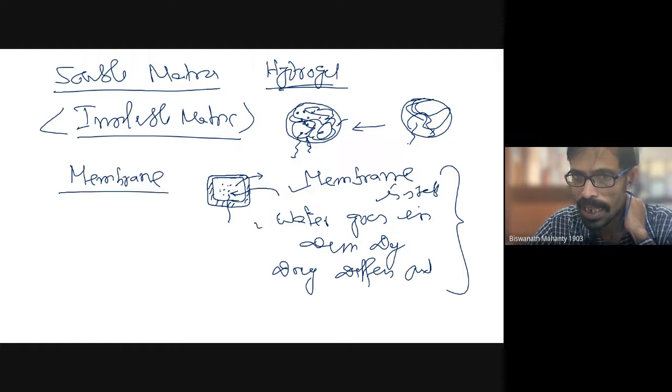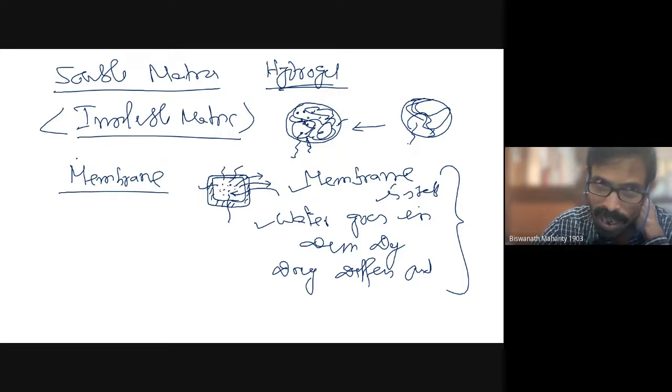The water goes inside, it dissolves the drug, and the dissolved drug molecules can diffuse out. So diffusion is the rate limiting step because the membrane is permanent. So you understand that it is only allowing solution. No particle can come out. Particles are not released. So these kinds of approach are known as membrane-based approach.